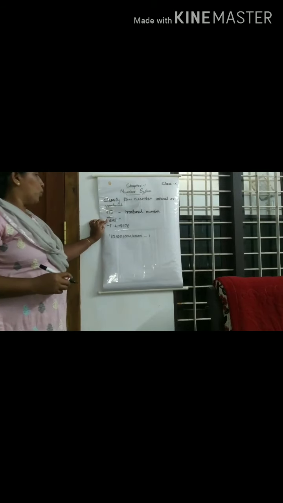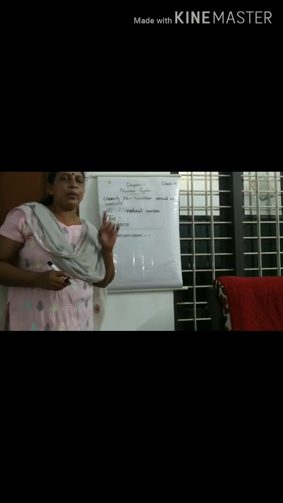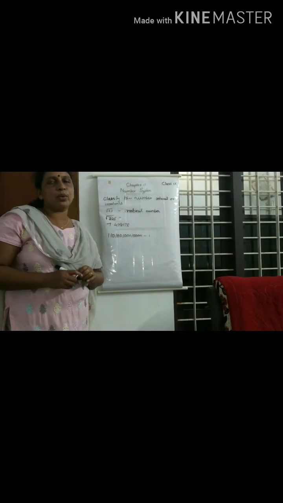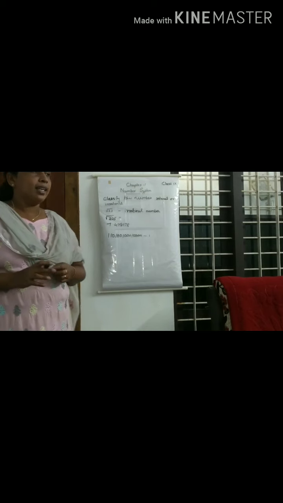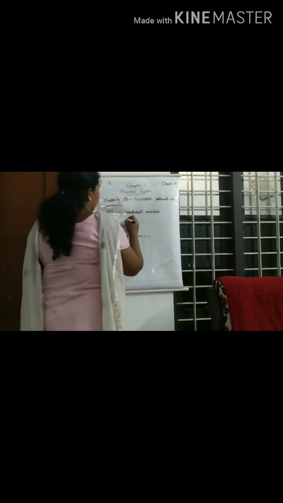Next one, square root of 225. The square root of 225 is 15. So it is a rational number. Understand?